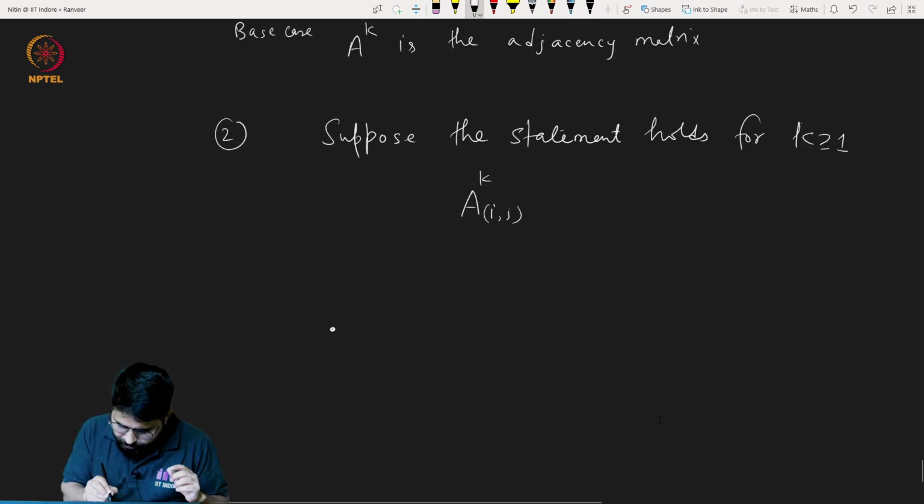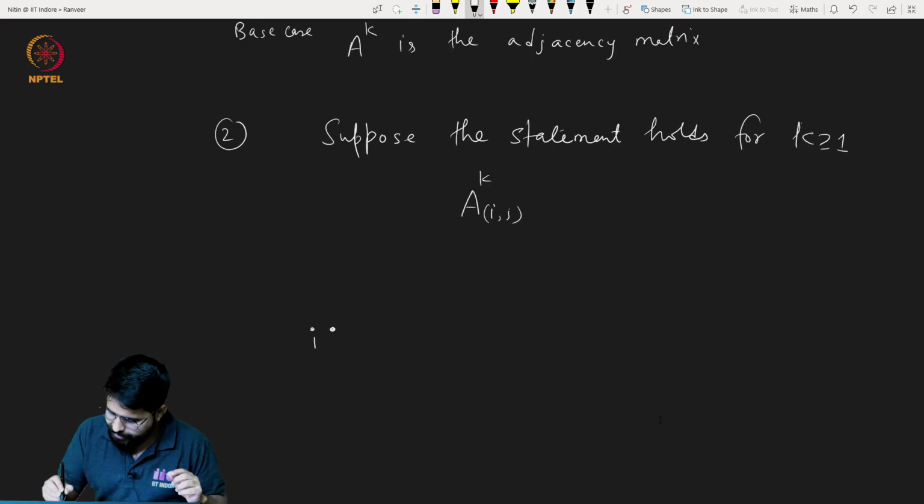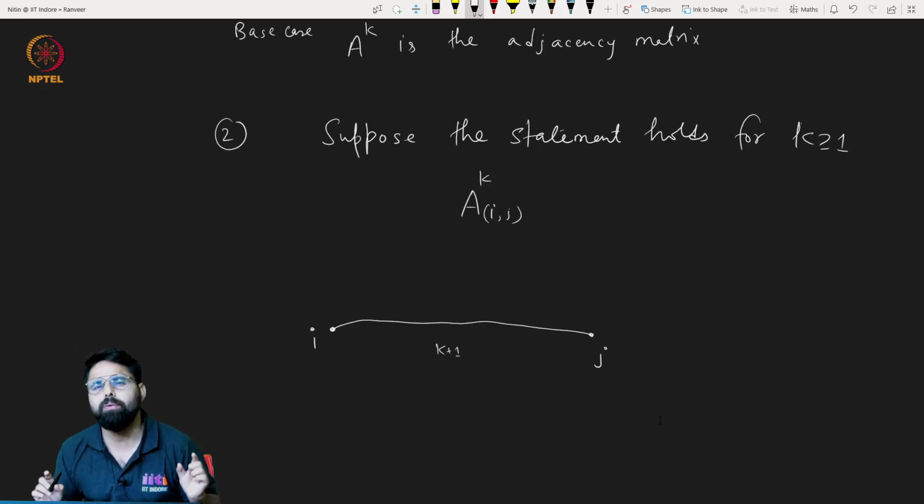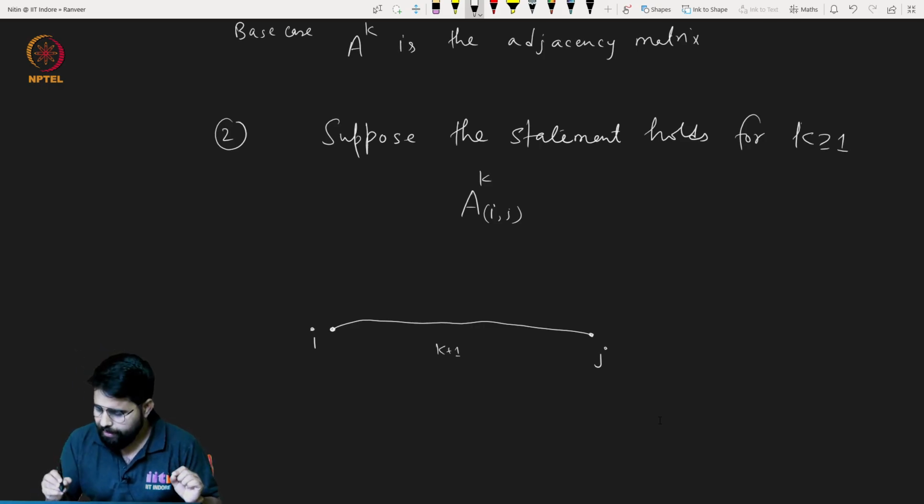Suppose you have a path of length k plus 1 between vertices i and j. I can decompose this path into two parts, where there is a vertex along this path which is just adjacent to j. Suppose this vertex is u.